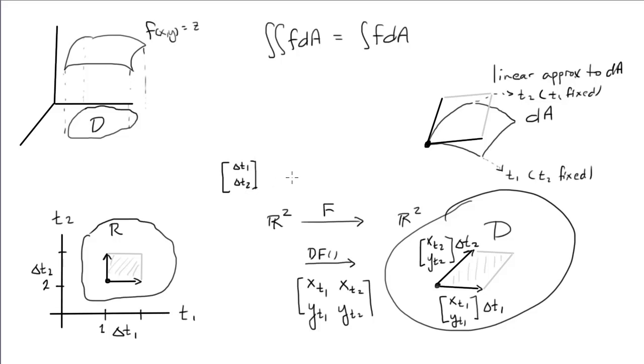So the vector I'm feeding in to the derivative, evaluated at 1, 2. There's the output vector. The area is the determinant. We're taking the absolute value of that because we want it to be positive.